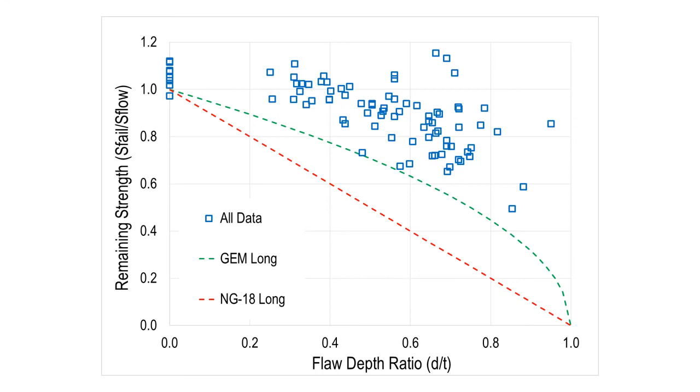You would expect your remaining strengths to converge to that red diagonal line. However, with my GEM model, I've demonstrated in my journal article that the more reasonable limit to that is 1/2. So that means that the green dashed line, which represents the square root of the remaining ligament, becomes the lower bound limit. Now, what's interesting here is that all of my data points are above that green dashed line.